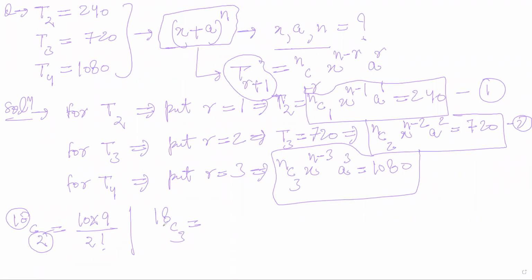Expand 18 how many times? 18 into... until 3. If you open 18 factorial, how would you write 18 factorial? First tell me this. 18 into 17 into 16. Correct.